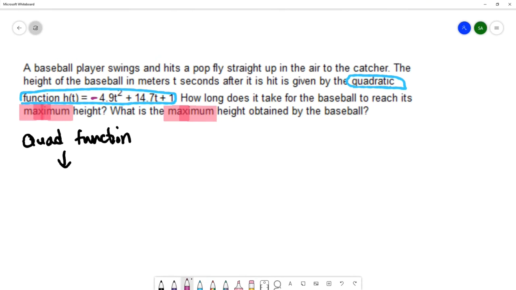Looking at this leading coefficient of a being negative 4.9, we know that the graph of the quadratic function is going to be a down-facing parabola. So when we're looking for this maximum height, we know that that maximum height is going to occur at the vertex of that parabola.